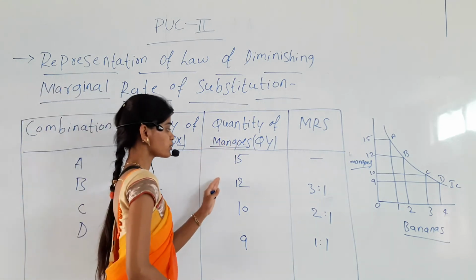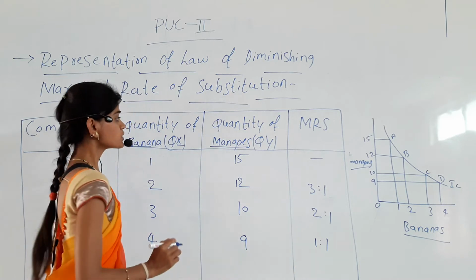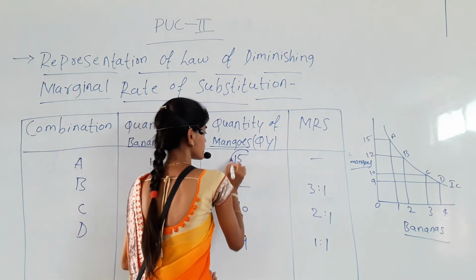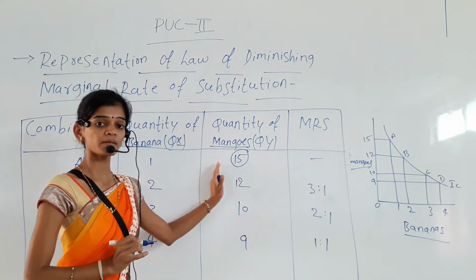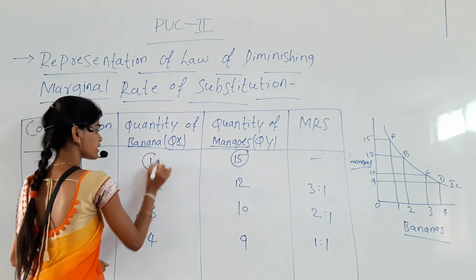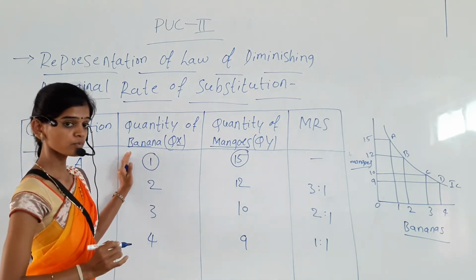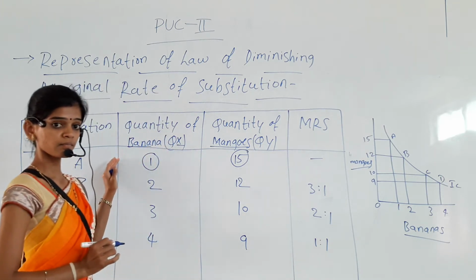The quantity of mangoes is 15, 12, 10 and 9. So see here, a consumer is first consuming 15 mangoes and 1 banana.